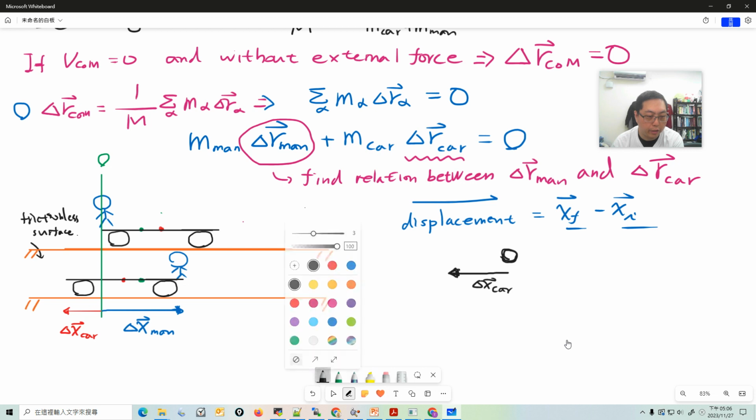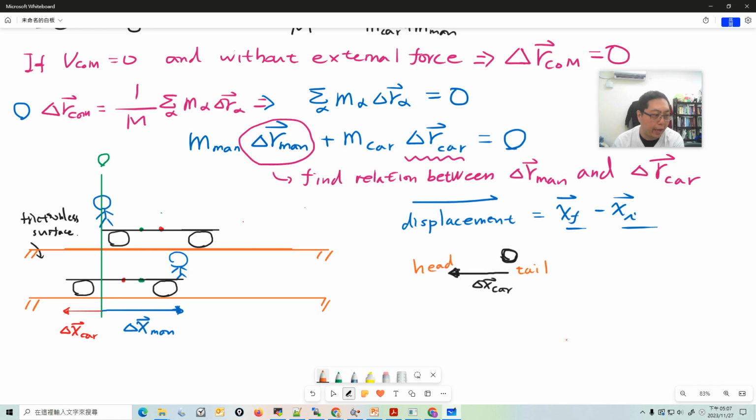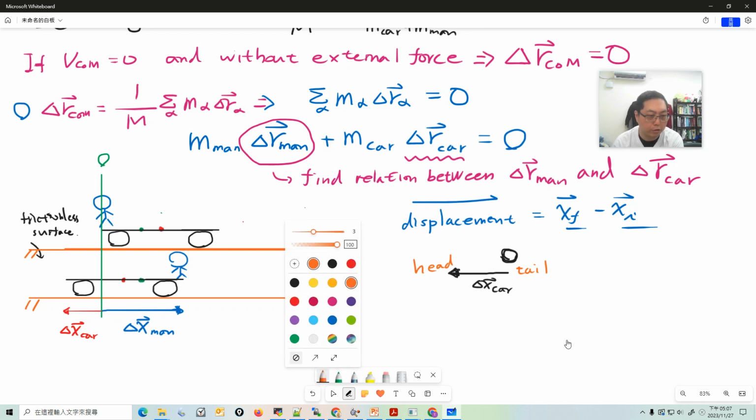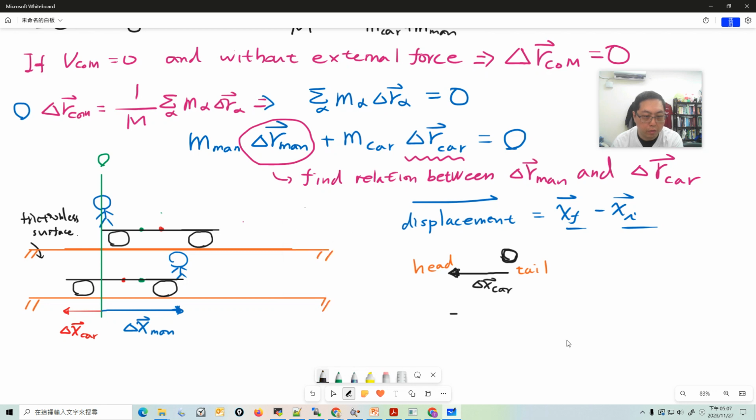This is the tail, and this is the head, and then add the vector 20 to the right. On the right, I think it's fine.